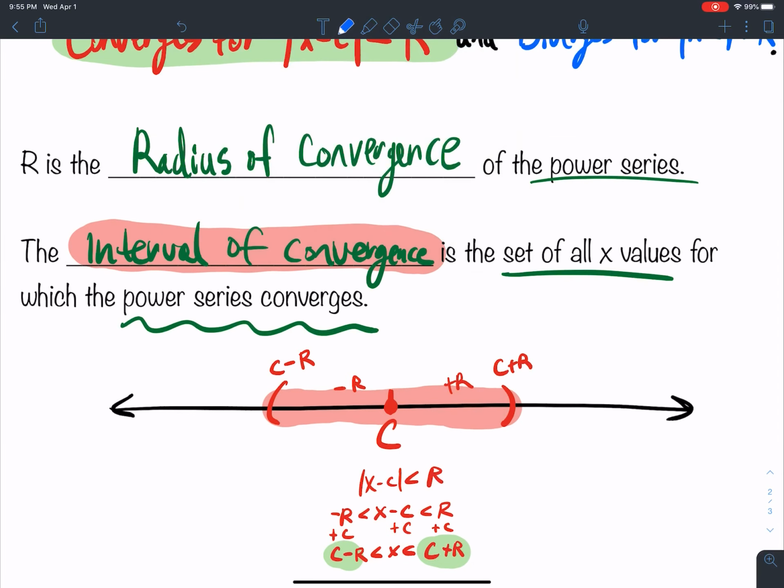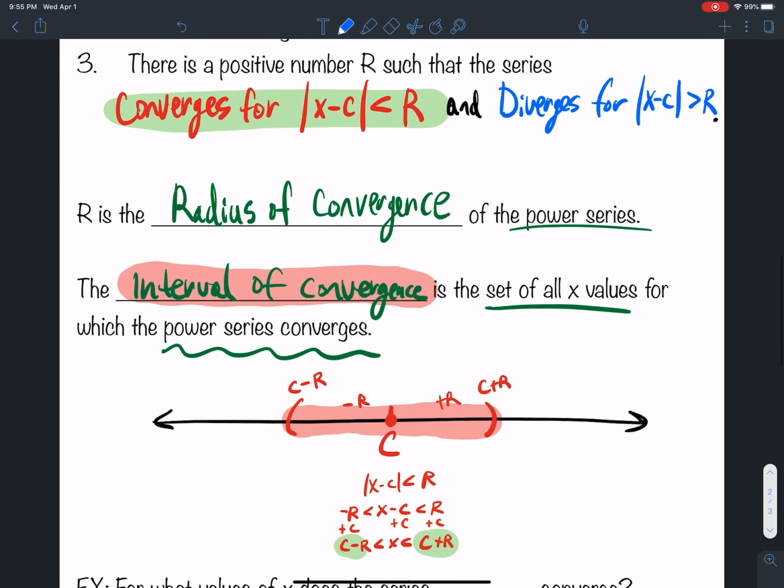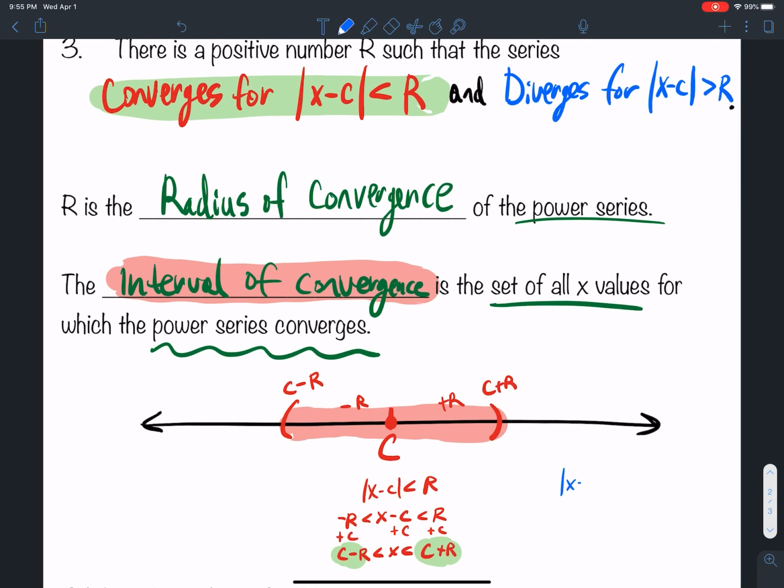Now, the interval of divergence is what? It's the absolute value of x minus c greater than r. So drop the absolute value. x minus c is greater than r, or x minus c is less than negative r. That's how I can split this up here using college algebra. Okay. So this is x is greater than c plus r, or x is less than c minus r.